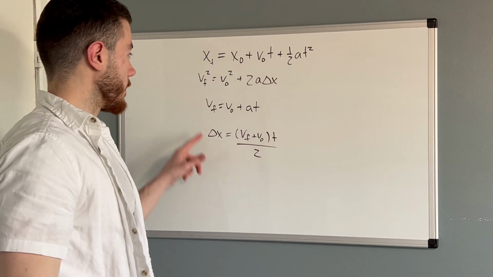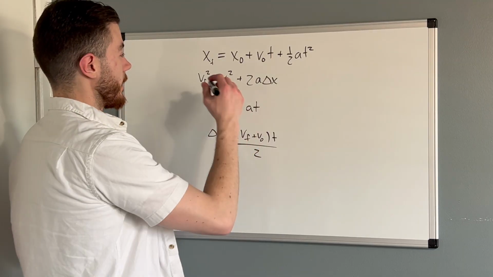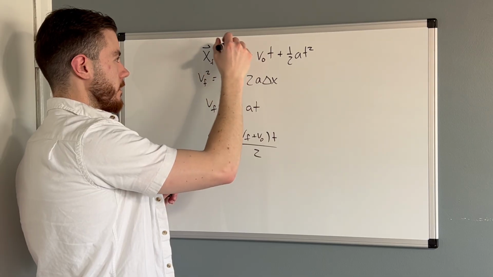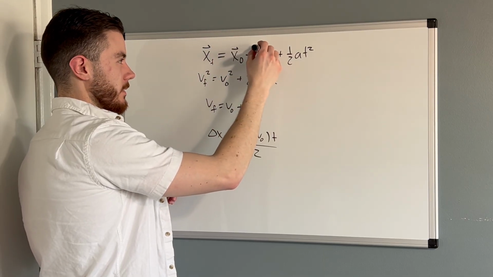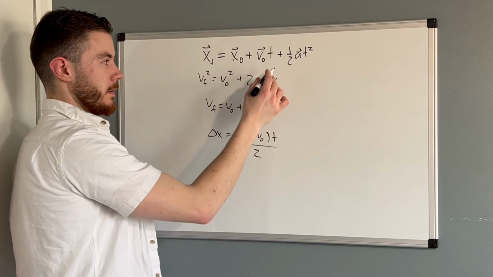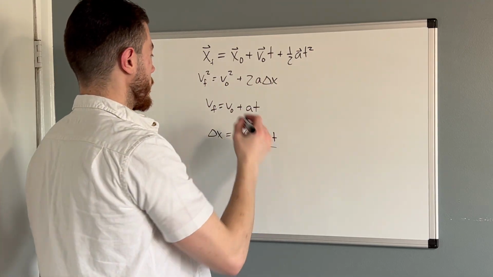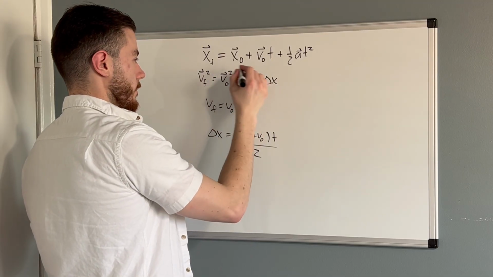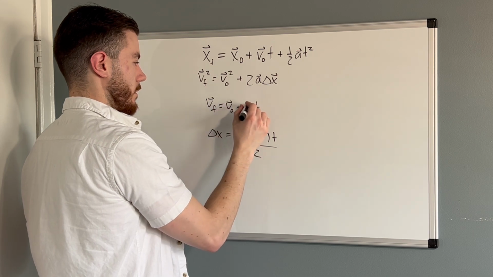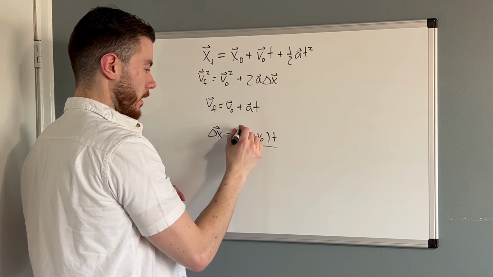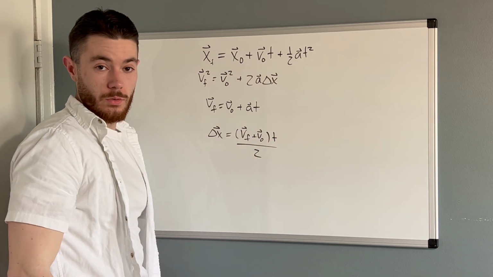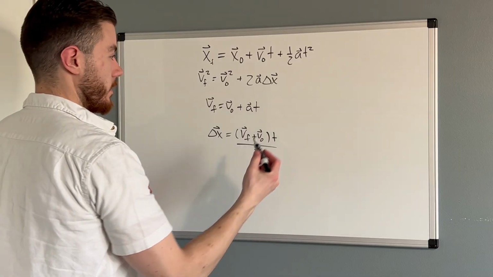So these are all 1-dimensional, but if I allow position, velocity, and acceleration to be vectors, because they're just derivatives of position, we can split them up into their respective component forms.